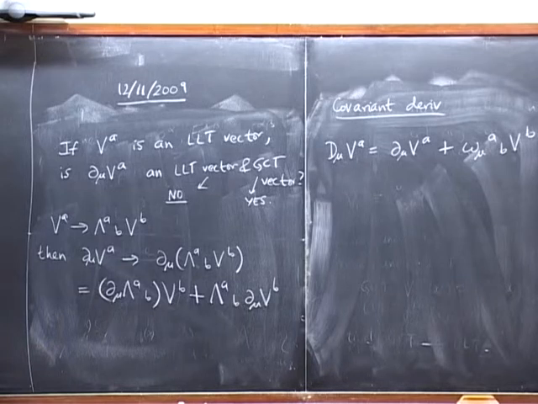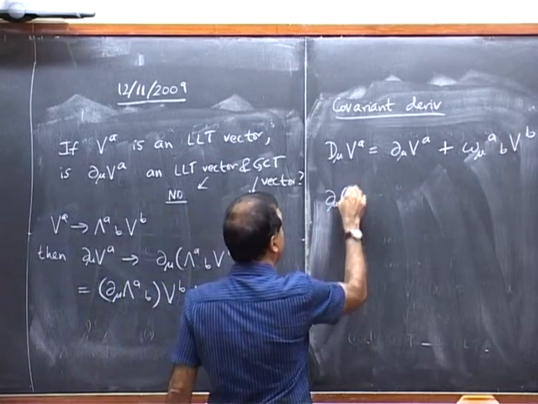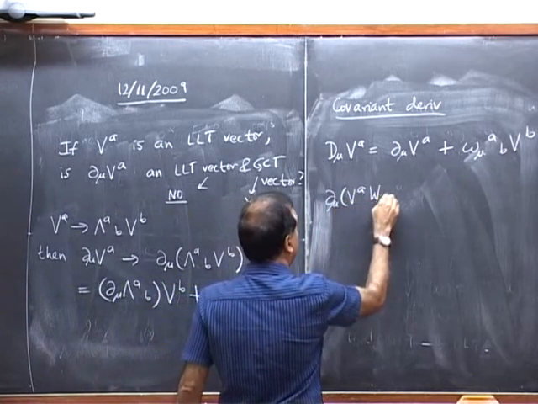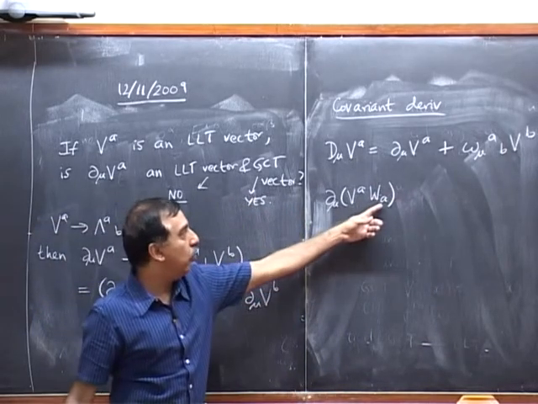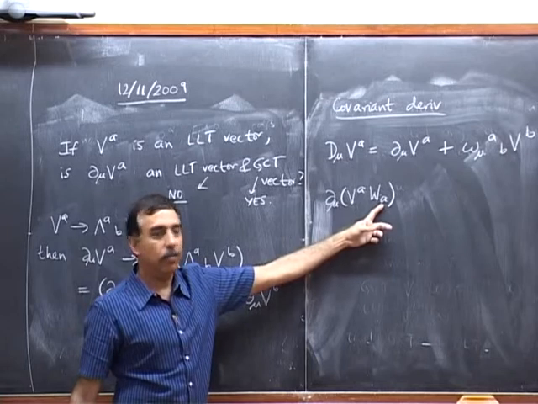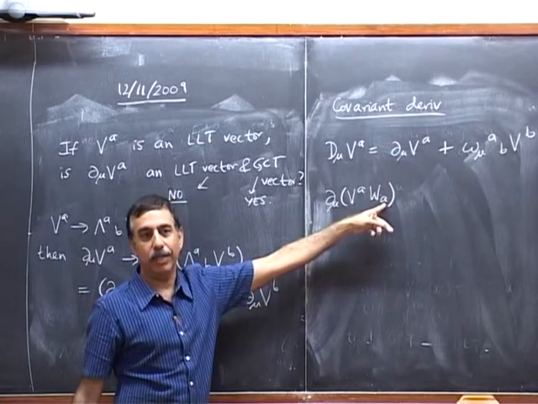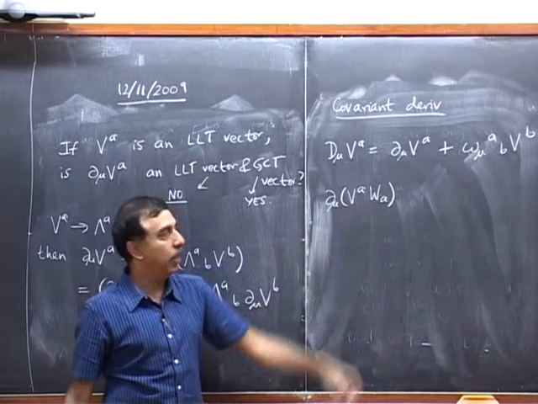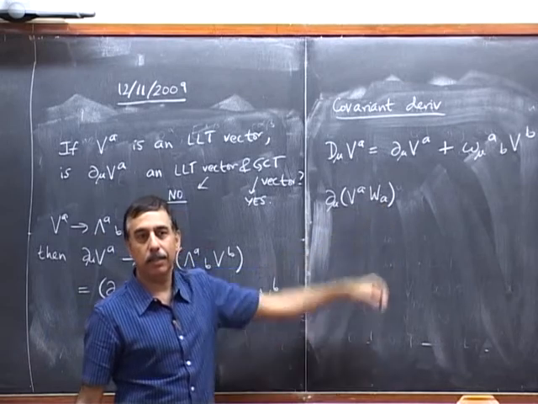So now let's find out something about omega. For that, let's assume the following. Del mu of V^A W_A. W_A is a covariant vector under LLT, but it's nothing but this contravariant vector which has been lowered by eta AB. It's quite trivial. Anyway, whatever it is, this thing is an LLT scalar.